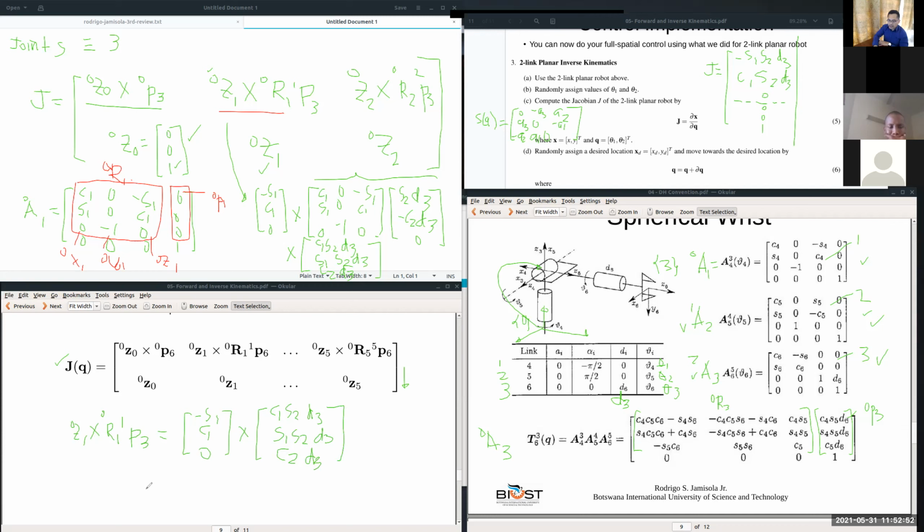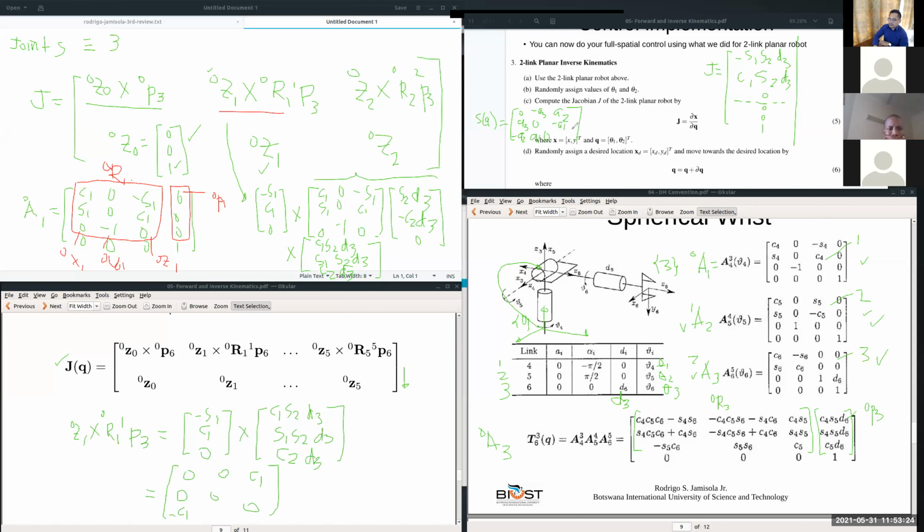Okay, so now if we do our matrix computation with the cross product, it will be 0 0 0, and the negative of the third element is 0, so that's 0 and 0. Whereas the second element is C1, so this is C1 here and minus C1 here, and the first element is minus S1.